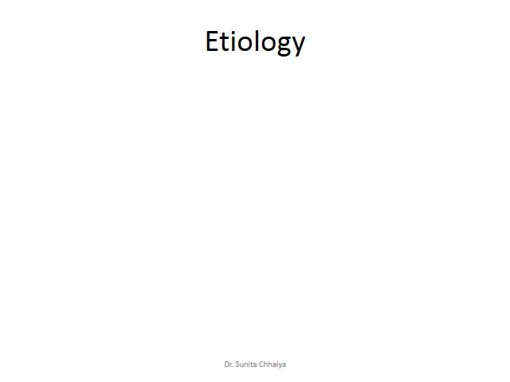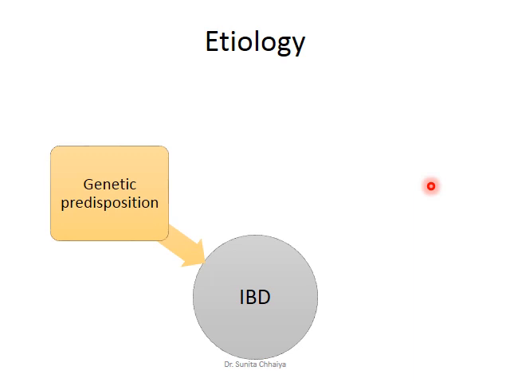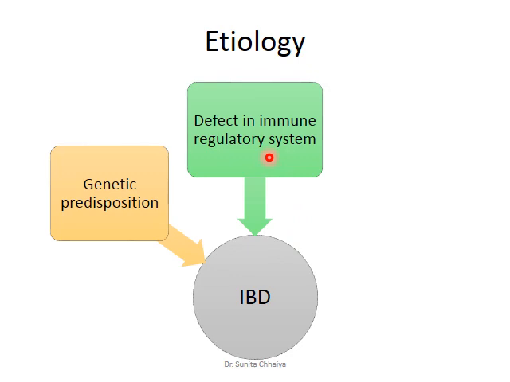Regarding the etiology of inflammatory bowel diseases, there are a few reasons responsible for its development. One of them is genetic predisposition. The main reason for the development of IBD is a defect in the immune regulatory system.